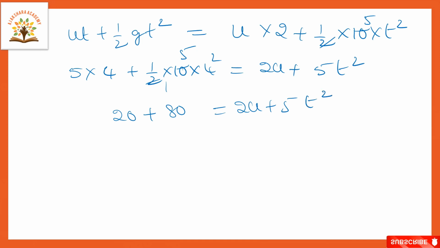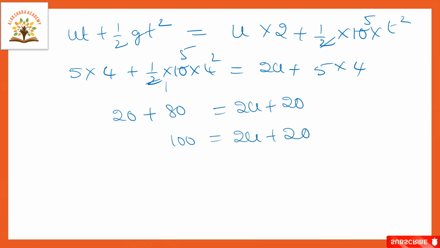Here t is given as 2 seconds. So substituting t value 2 square, nothing but 4, 5 fours are 20. So 2u plus 20 is equal to 20 plus 80, 100.